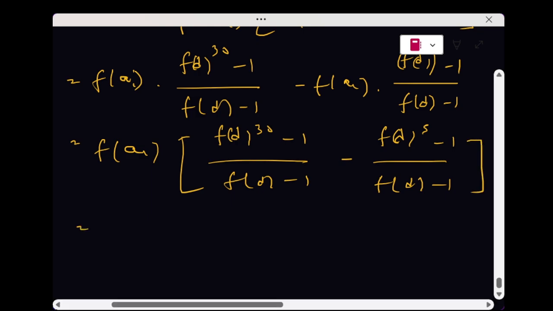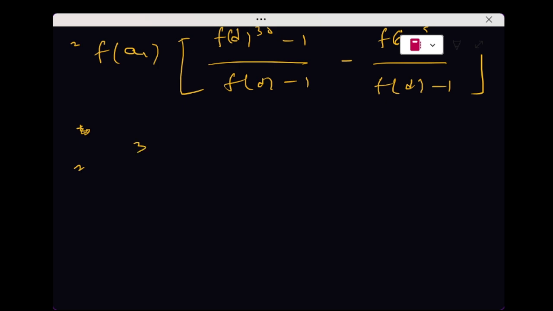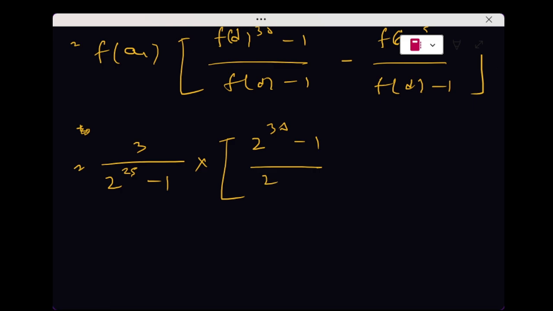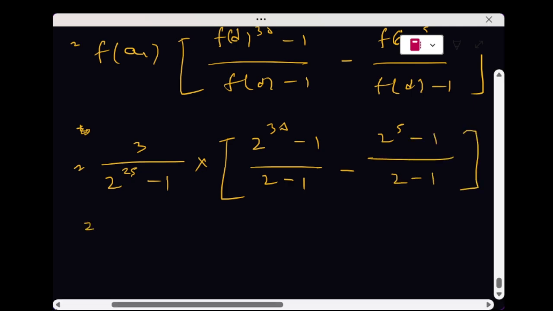So let's put in the values. This is equal to 3 by 2 to the power 25 minus 1 into 2 to the power 30 minus 1 by 2 minus 1 minus 2 to the power 5 minus 1 by 2 minus 1. So this will be equal to 3 by 2 to the power 25 minus 1 into 2 to the power 30 minus 2 to the power 5.